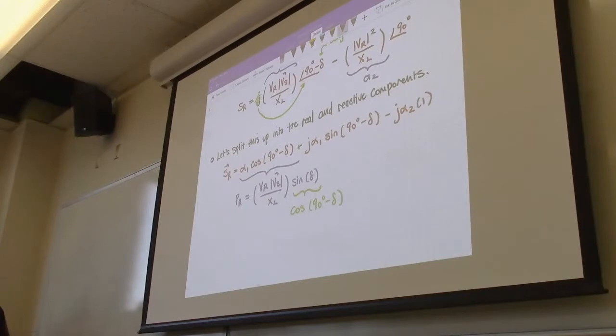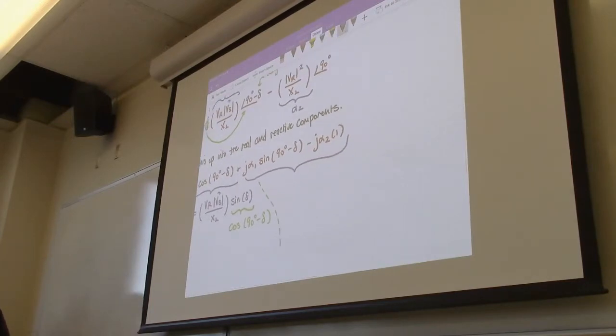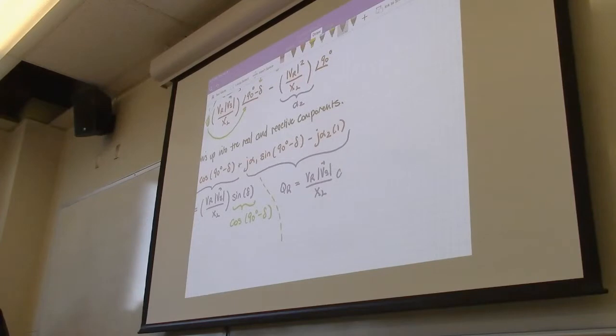The reactive part encompasses all of this, and that is going to look like VR Vs over XL cosine of delta.